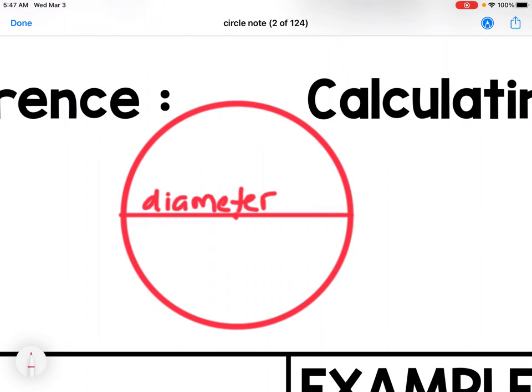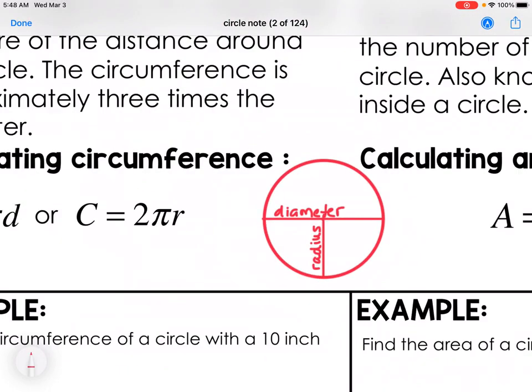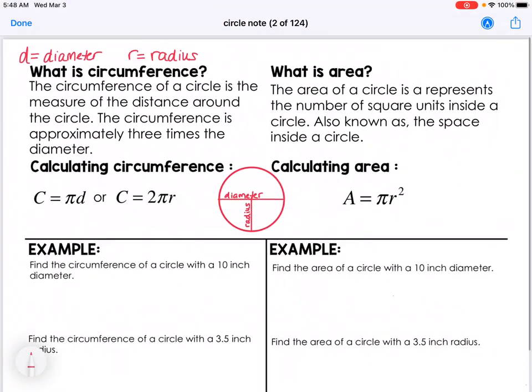So that is the diameter, and the radius is half of that distance. So from the center out is your radius. So distance all the way across through the center is our diameter, and the distance halfway across, so from the center to the outside, is called the radius.